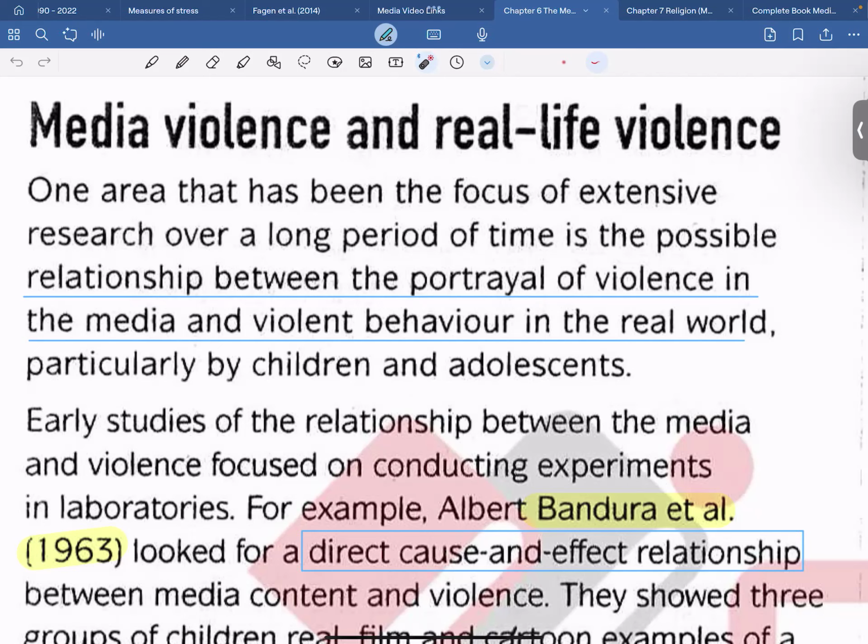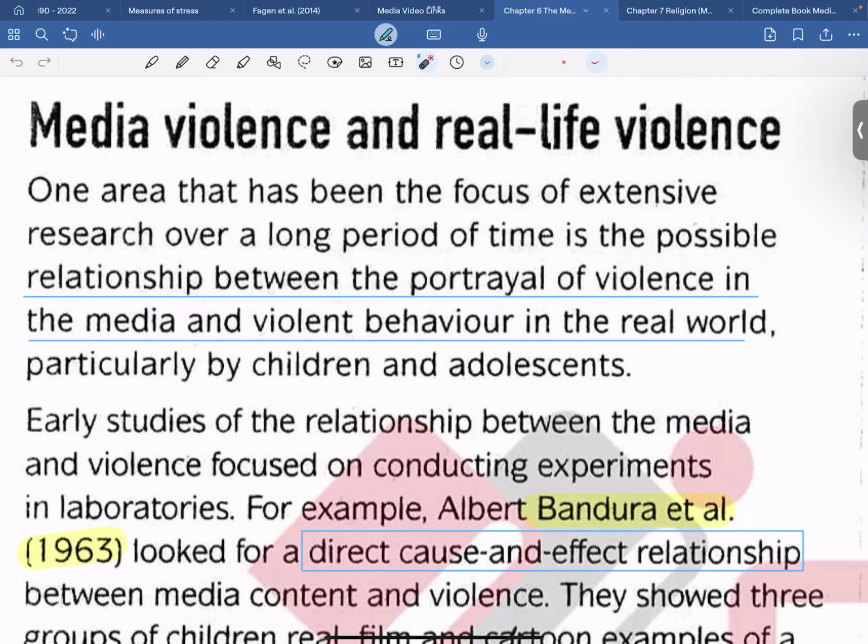So this research conducted by Bandura, what exactly was it on? Back in the 1960s, in the United States of America, television was gaining popularity. As television was gaining popularity, it was a major concern that the content shown on television might be acted upon by children.